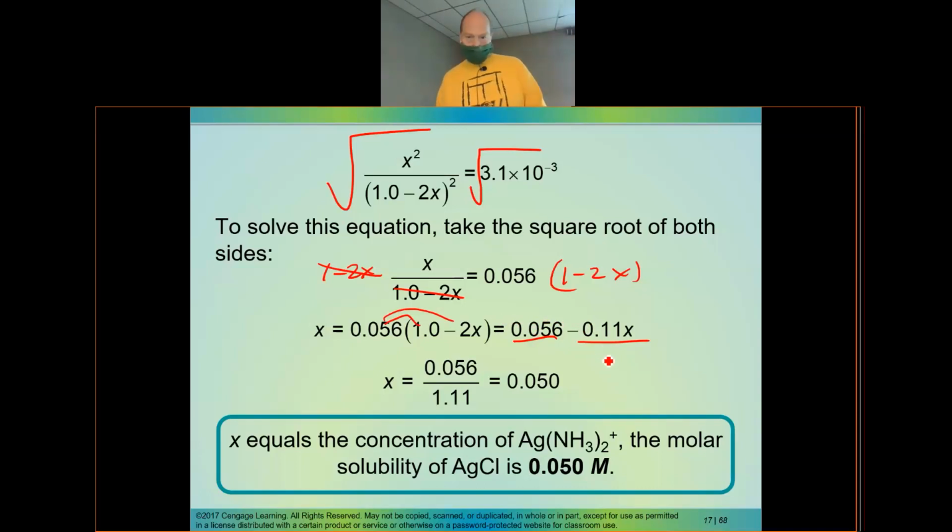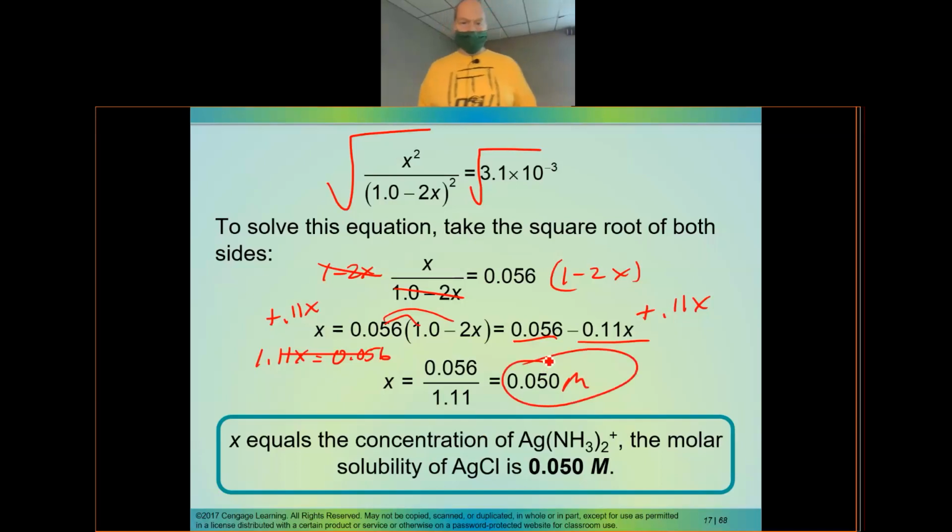All right, they skipped that step. Okay, fine. So they skipped the adding 0.11x to both sides. So you get your 1.11x is equal to your 0.056. Then you divide both sides by 1.11 and you get your 0.050 molar.